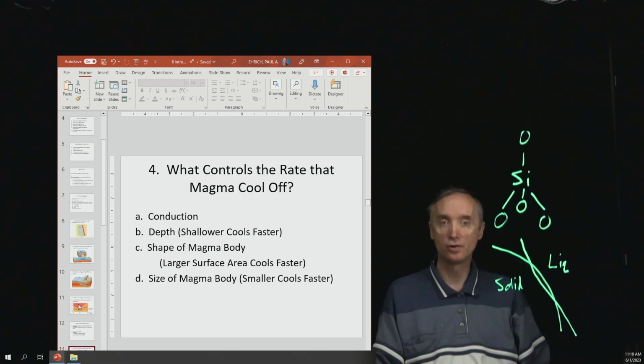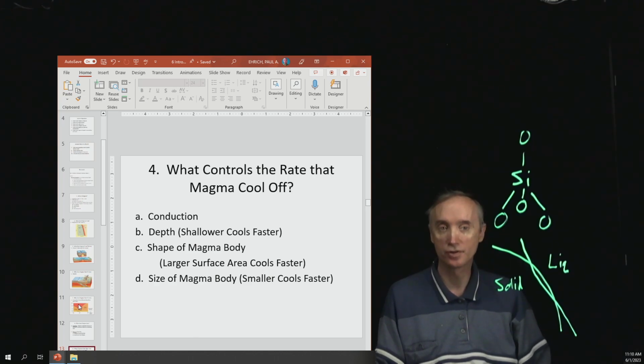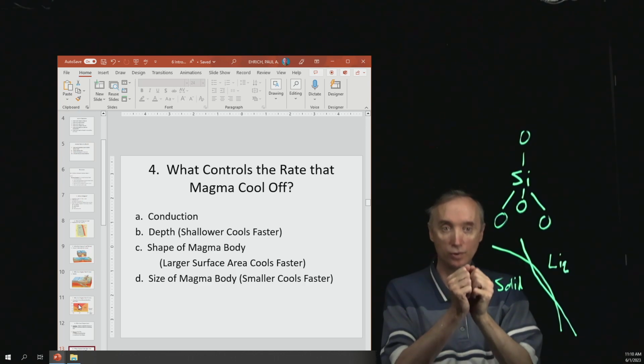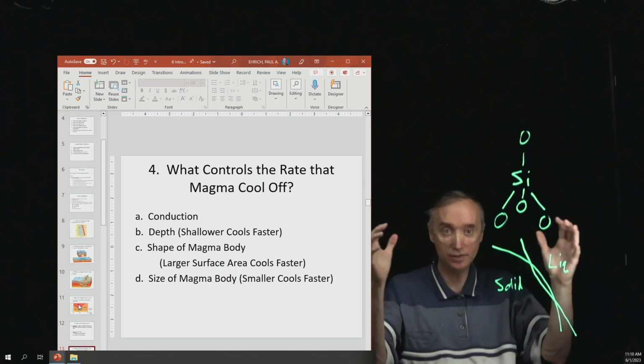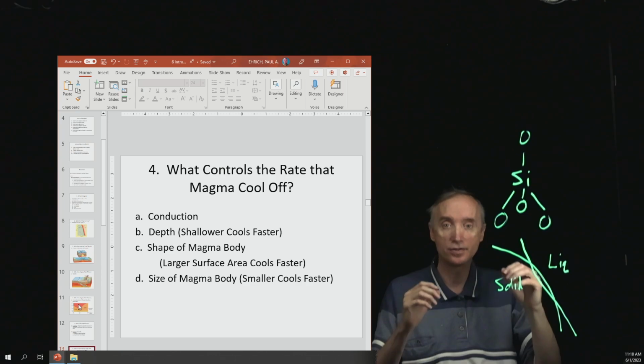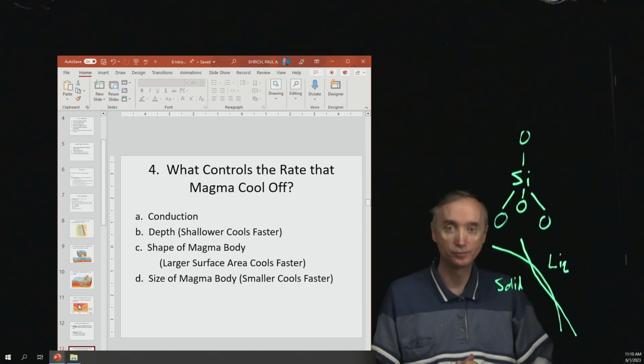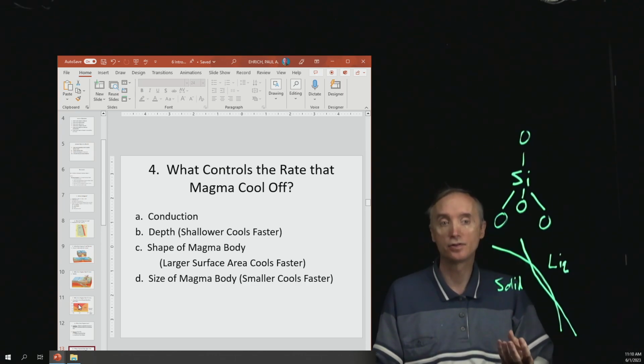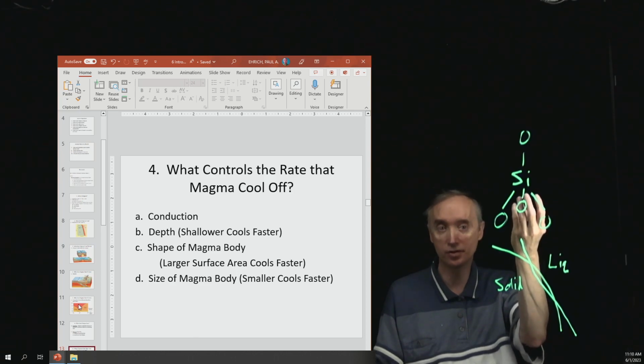So what's going to control the rate that magma cools off? The first one is conduction, so the rocks will conduct heat through them, and that's going to cool off the magma. Okay, then the closer you get to the surface, the cooler it gets.